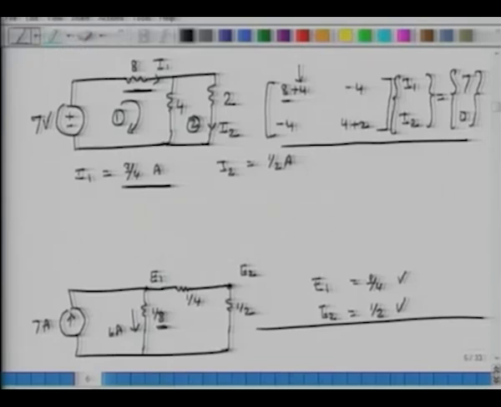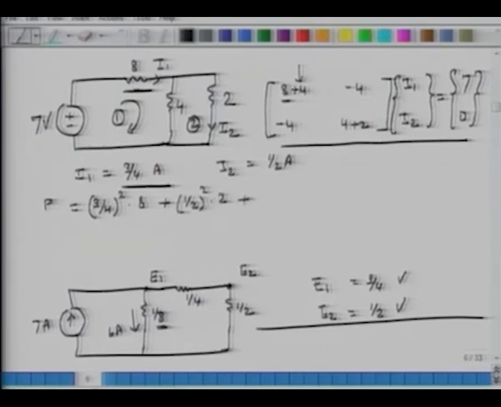So power dissipated here in the first circuit is 3 over 4 squared times 8, plus half squared times 2.